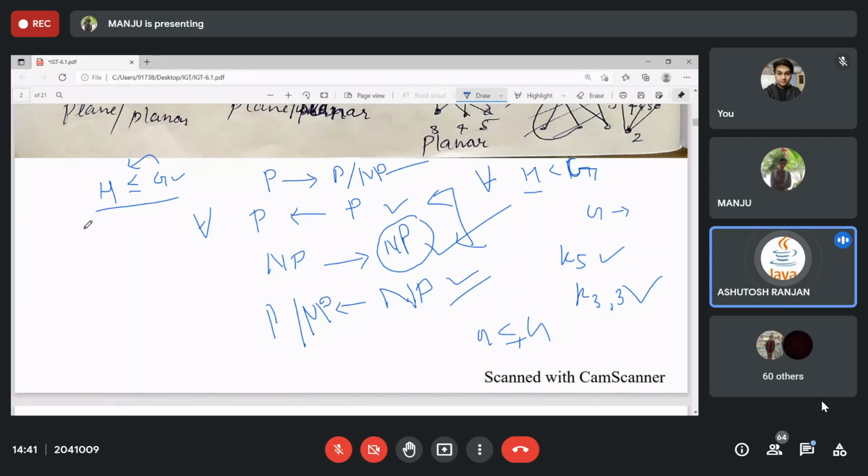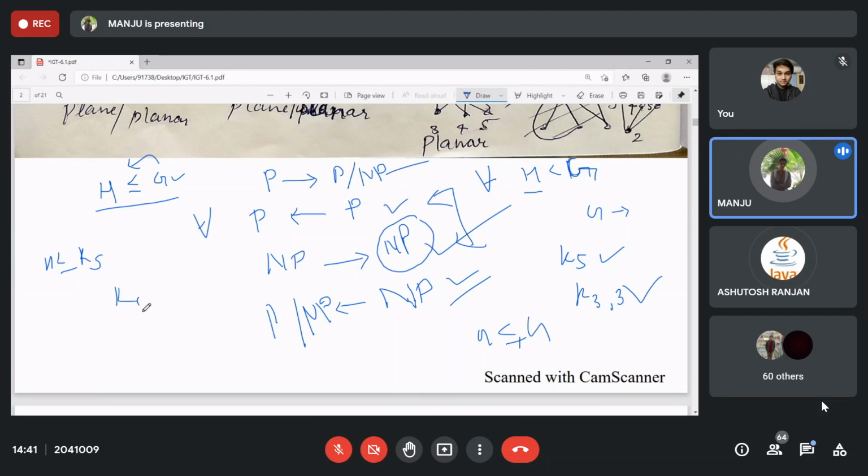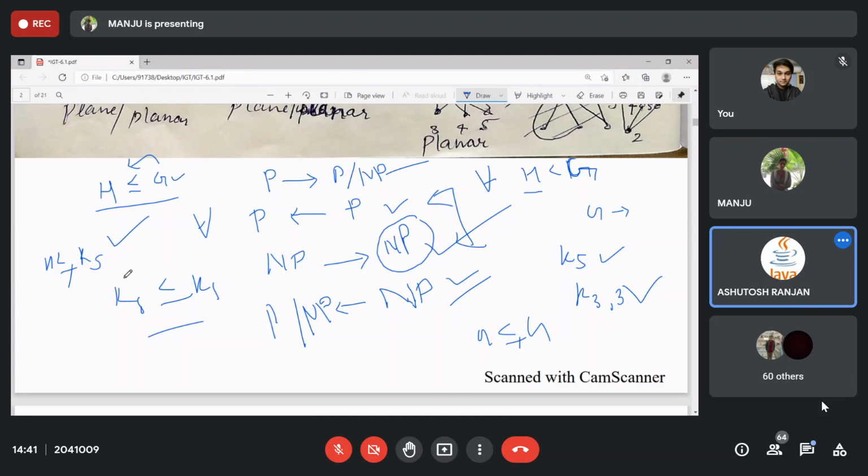You have told K5. For K5, all the proper subgraphs are planar. You cannot say every subgraph of K5 is planar, because K5 itself is a subgraph of K5, right? So all the proper subgraphs are planar, but this is non-planar. But this is not working for all, right? So here it violates this condition. That's why it can be planar, it can be non-planar. Some are planar, some are non-planar, right?